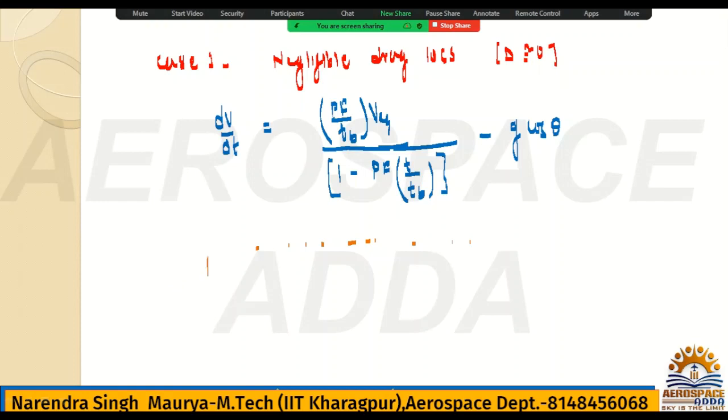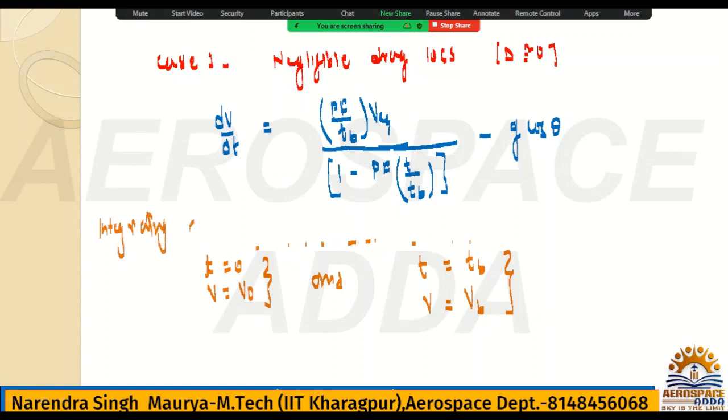When t is equal to 0, velocity v is equal to v naught, and when t is equal to TB, then velocity v is equal to vb. This is the limit you have to integrate, integrating equation 4.